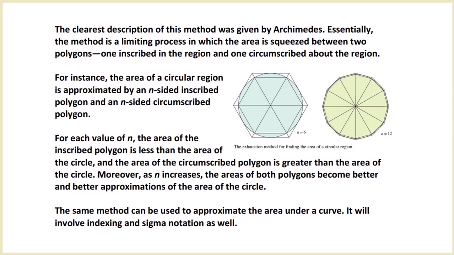If you look at those two pictures, the one that's circumscribed, the area of that would be a little bit bigger than the area of the circle. The one that's inscribed, the area would be a little bit smaller. As they kept adding sides, they got closer and closer to the actual area of a circle just by experiment. And that's limits. That's limits before they even called them that.